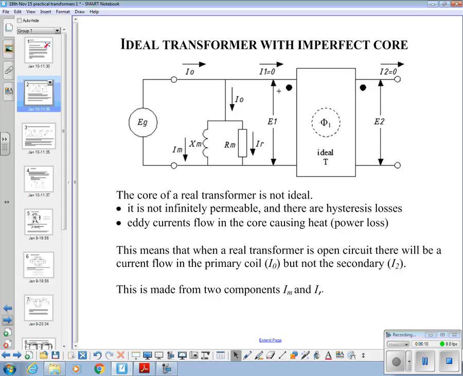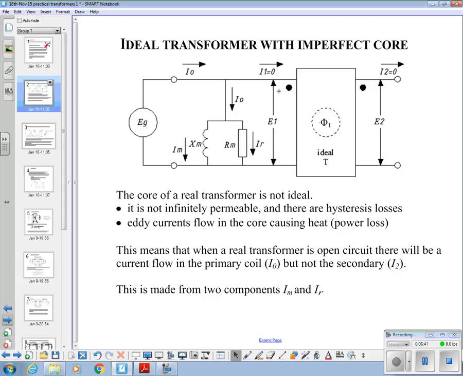So what we've got is that the core of a real transformer, we discussed, is not ideal. It's not infinitely permeable, and the hysteresis losses and eddy currents cause heat power loss. But what this means is, if we've got a transformer connected to a supply here, even when the secondary is open circuit, there'll still be some current flow.